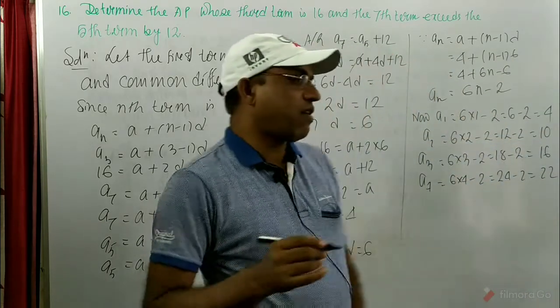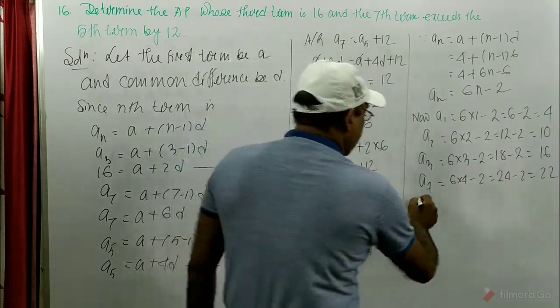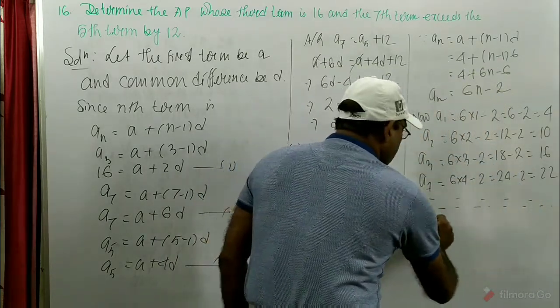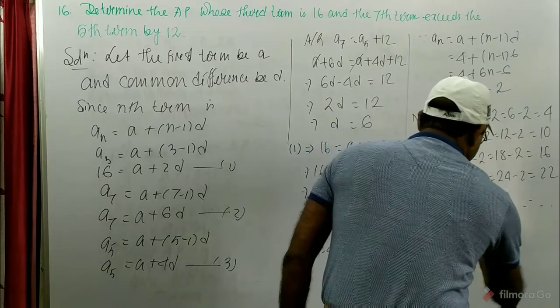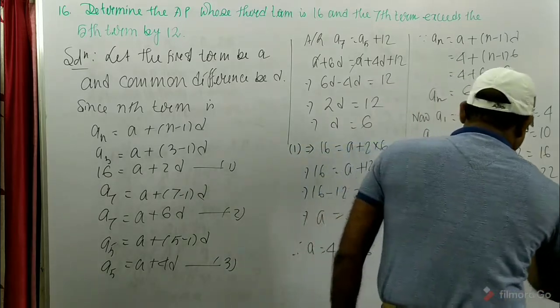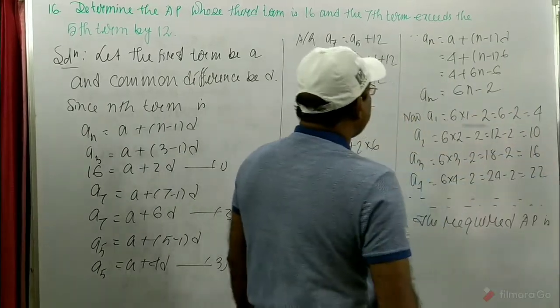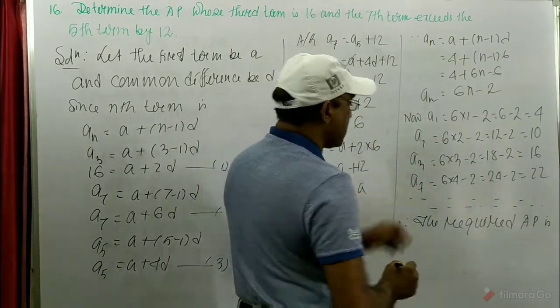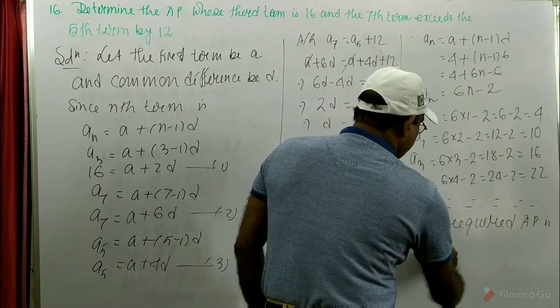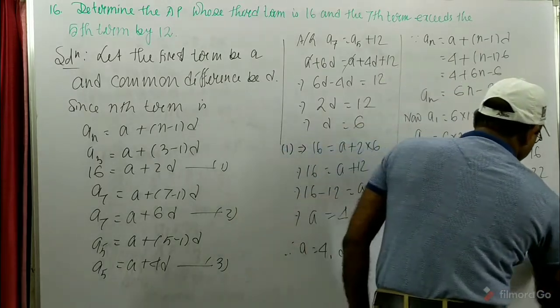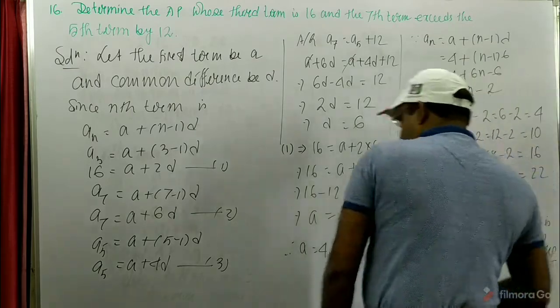So we can easily find several values in this way. Therefore the required AP is 4, 10, 16, 22, and so on, and this is our answer.